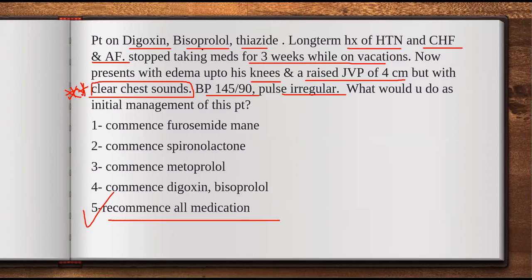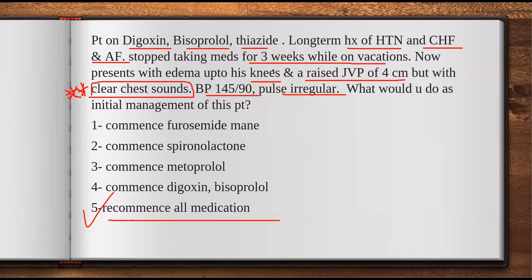It's a beta blocker, right? So you don't need to give metoprolol on top of bisoprolol. It will be like two beta blockers at the same time. So the patient is already having every medication she needs for her heart failure. She is on digoxin, she is on bisoprolol. In this question also the patient was on ramipril, as I remember. So everything was there. You don't need to give anything to this patient.